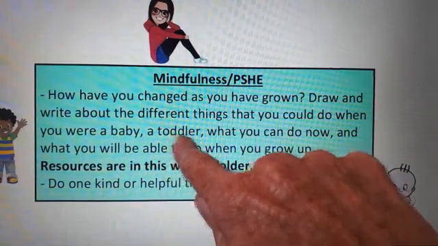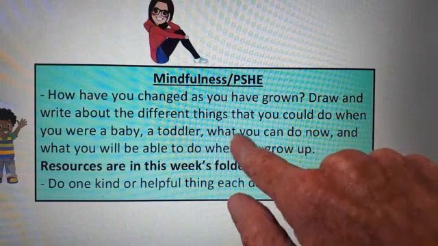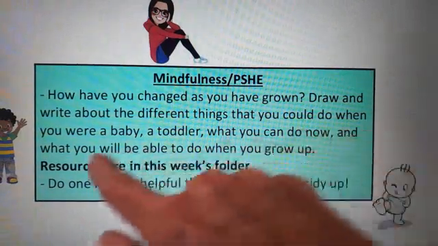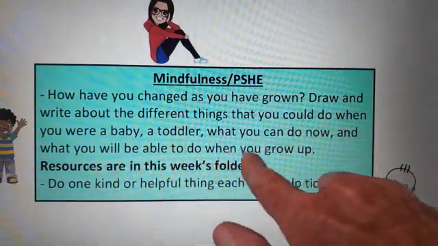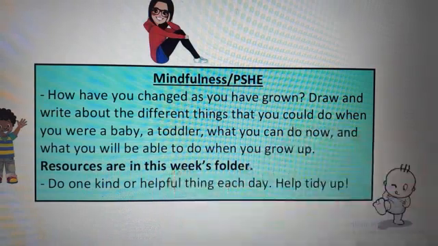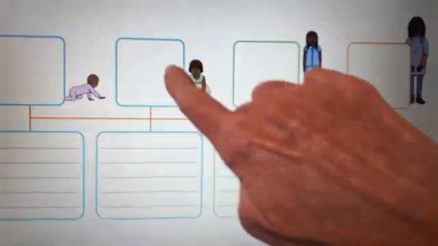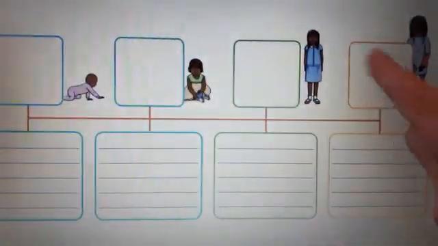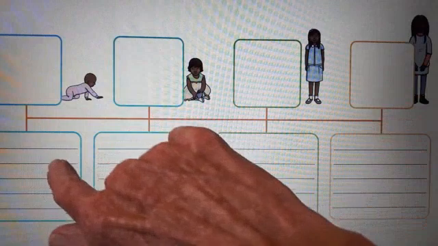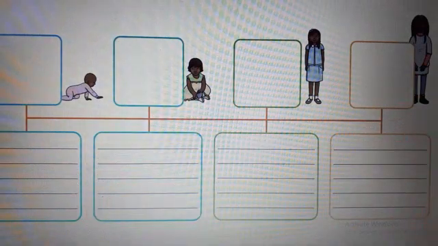A toddler. So what we like as a toddler and what you can do now, and then think about what you do as you grow up. And the resources look like this. So at the top here we want you to draw some pictures about what you might look like, and at the bottom we want you to write.